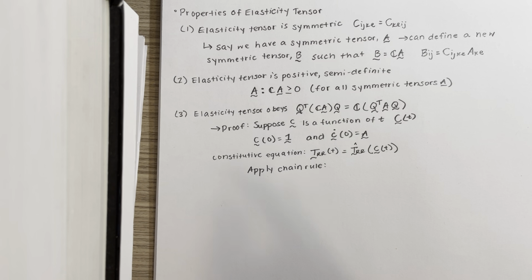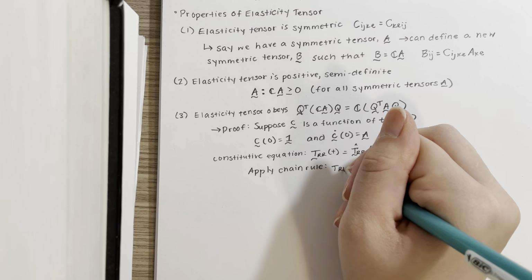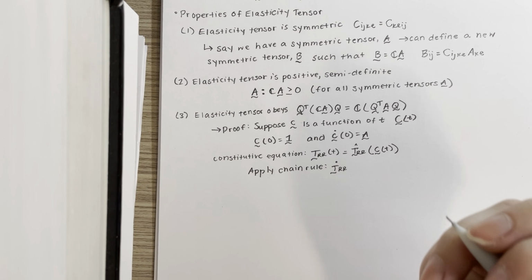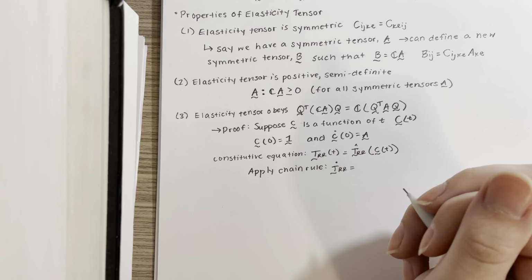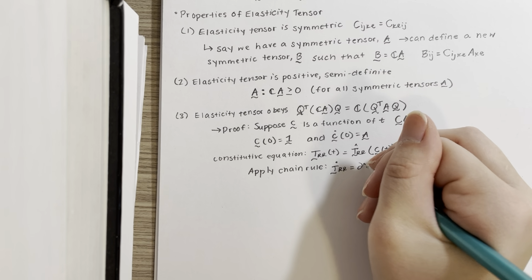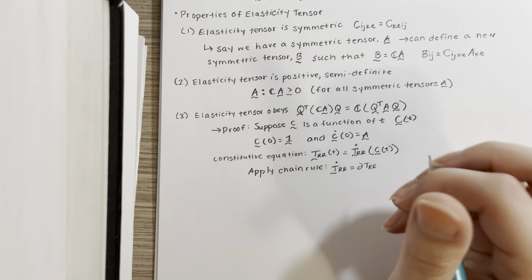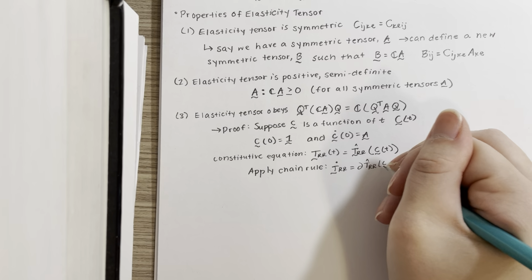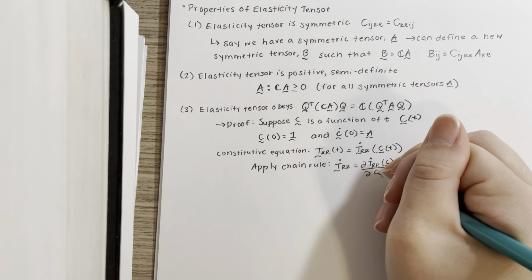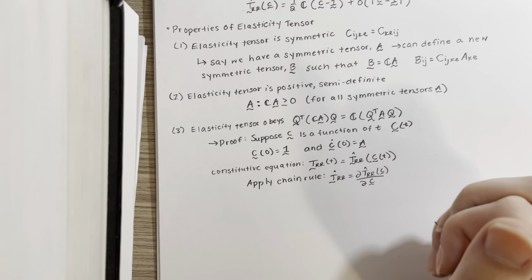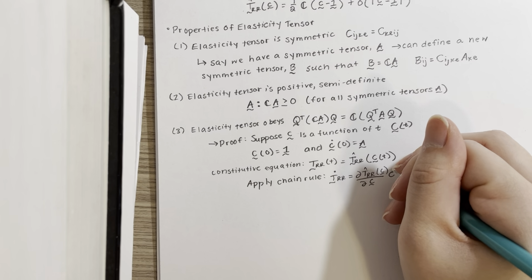we have that T_RR dot is equal to del T_RR hat of C over del C times C dot.